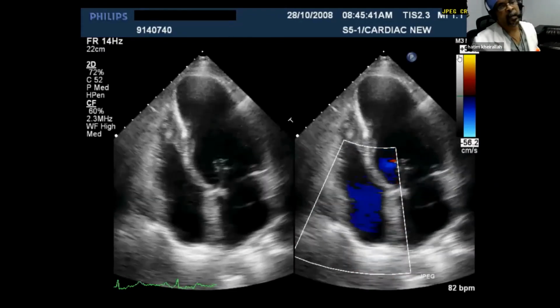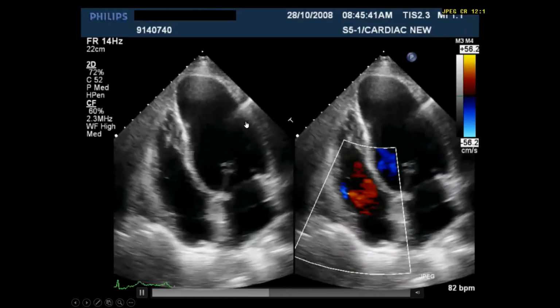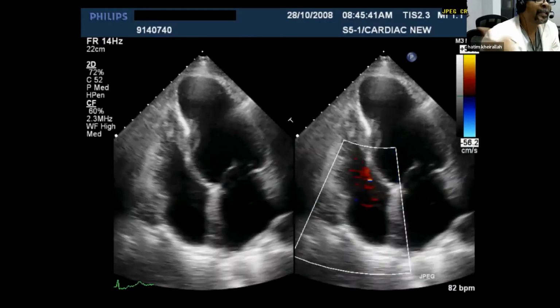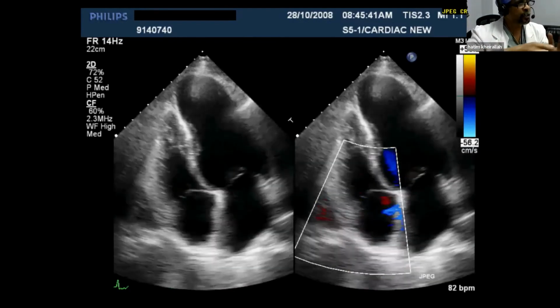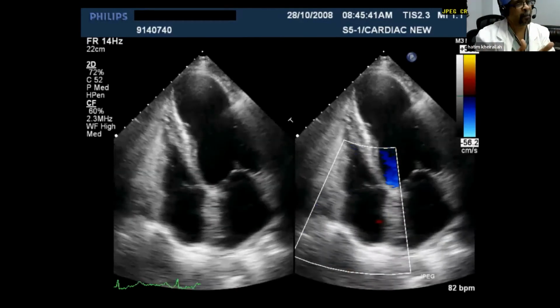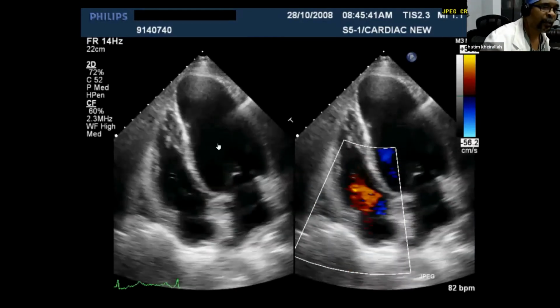Yes. And like you stated correctly, this is aneurysmal apex, and this is not dyskinetic. We have said that dyskinetic means paradoxical movement of the apex, but that one is aneurysmal apex. What's the difference? The aneurysmal is thinned out, like you see here.